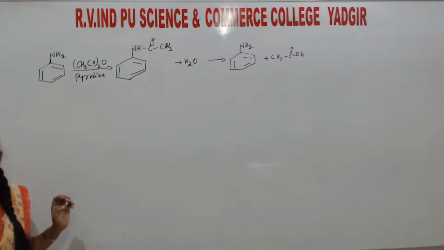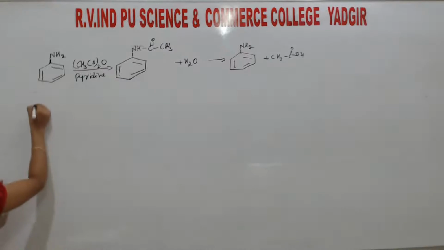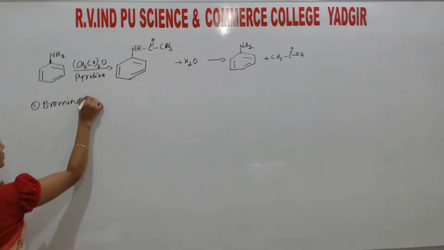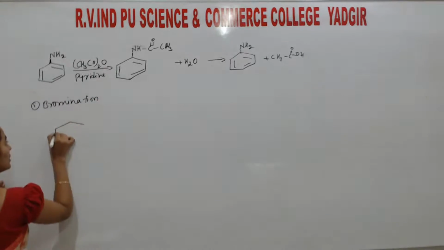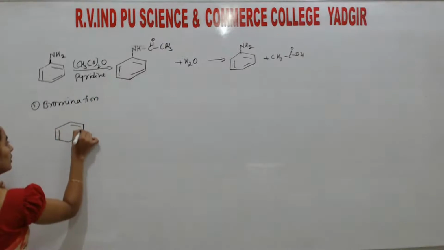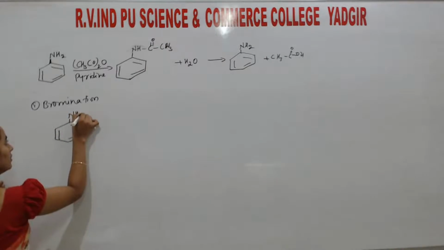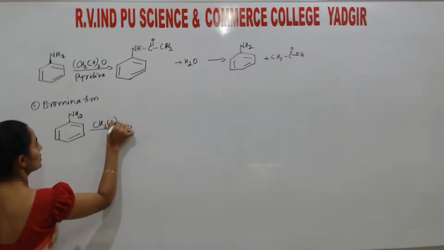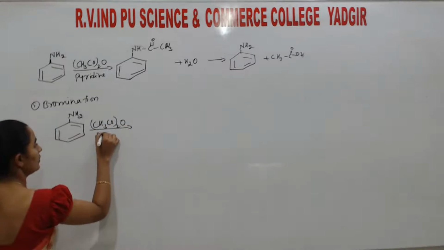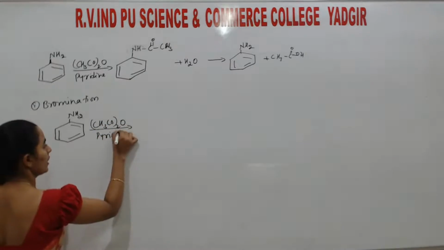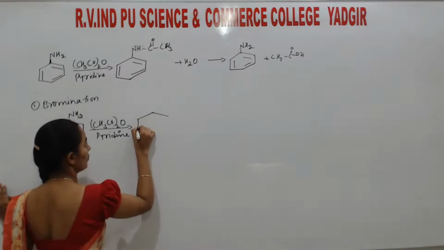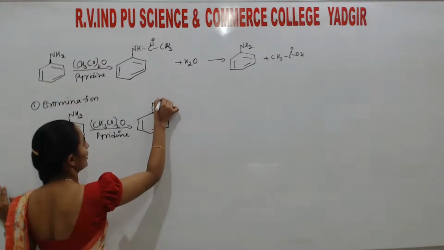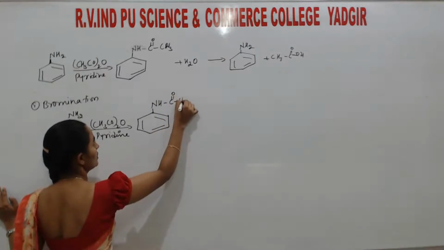So if you do bromination now, in the bromination of the benzene ring, especially aniline, it is treated with CH3CO twice O in presence of pyridine. Gives this compound, NH, C double bond O, CH3.